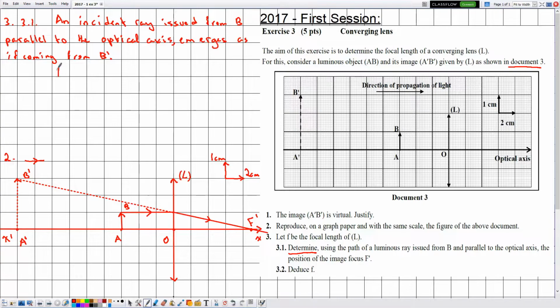Let's say that the image focus f prime is the intersection of the emergent ray with the optical axis. Okay, so this is it for part 3.1.